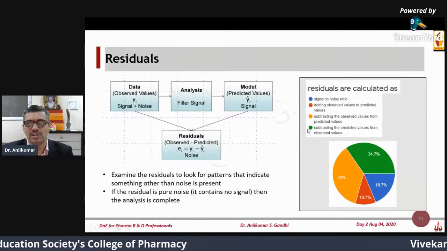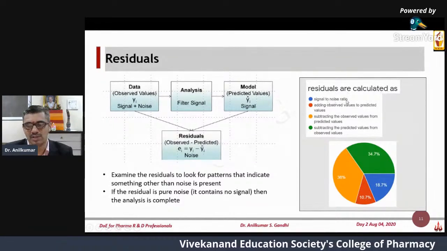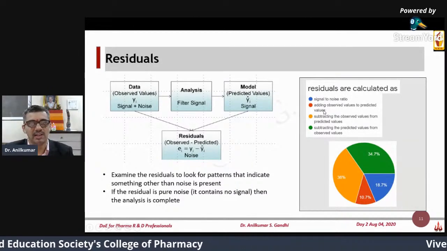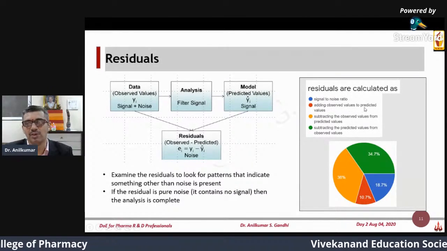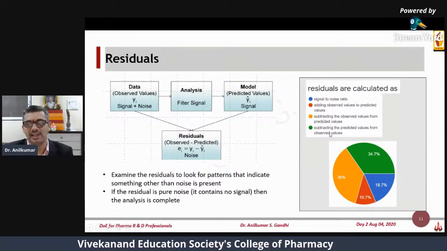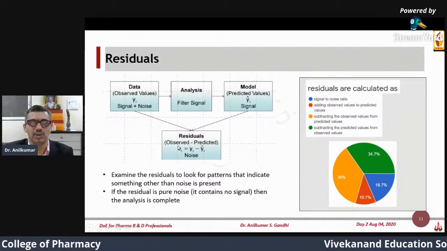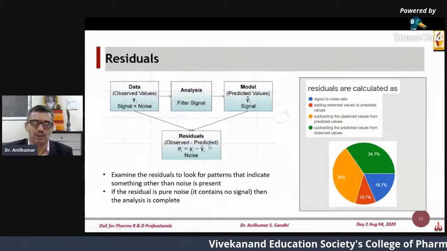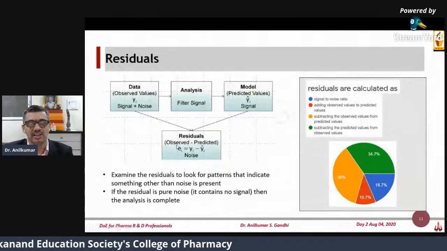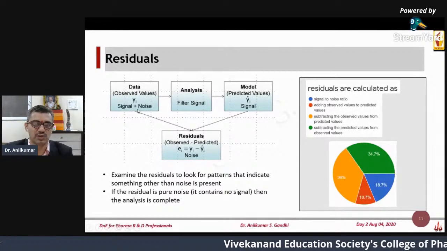Now the question that I had asked was: residuals are calculated as signal-to-noise ratio. It has nothing to do with signal-to-noise ratio. Then we said adding the observed value to the predicted values. Again, it's not addition. And then there is subtraction. That was only confusion, probably, about whether you subtract the observed value from predicted or predicted from observed. To clarify, the observed value is generally going to be higher because it is signal plus noise.